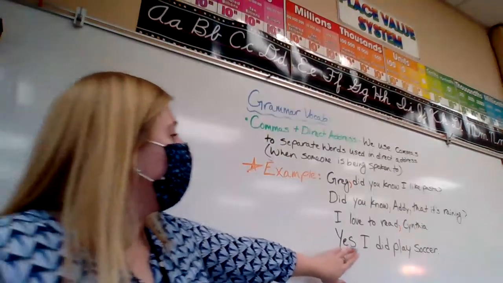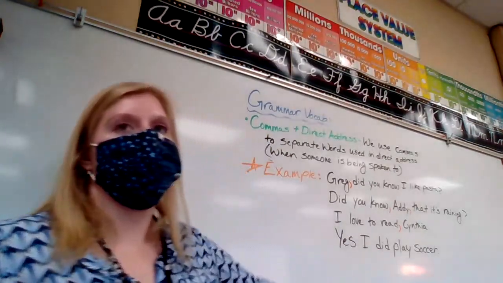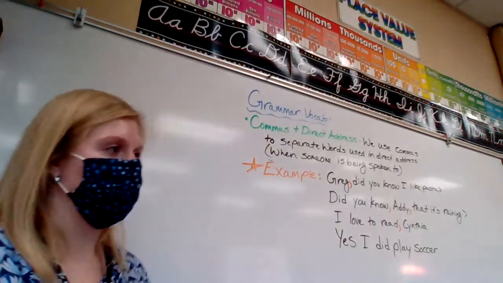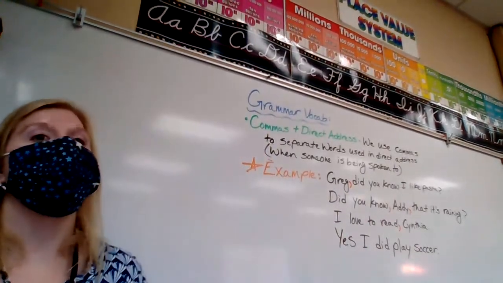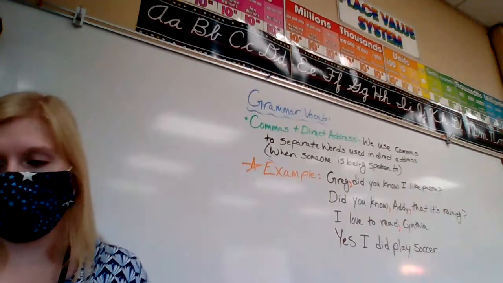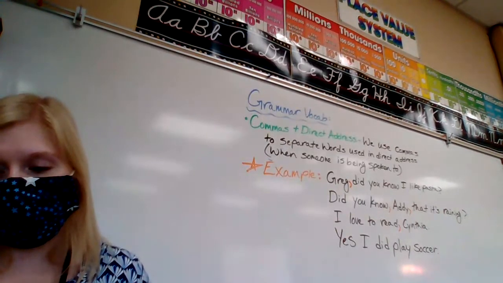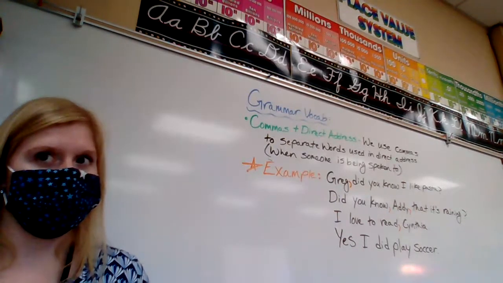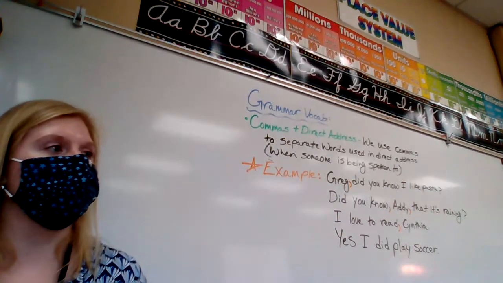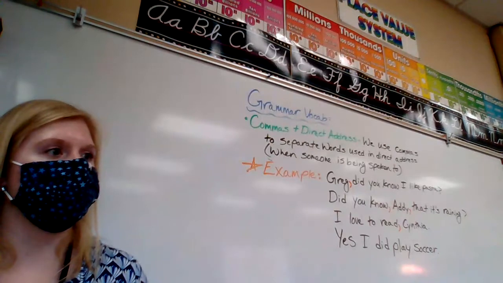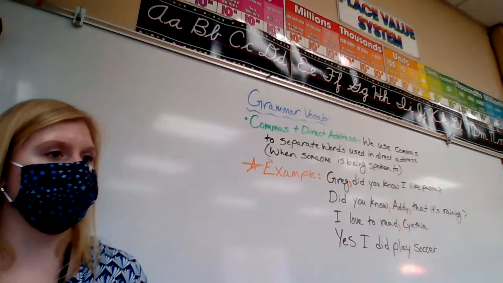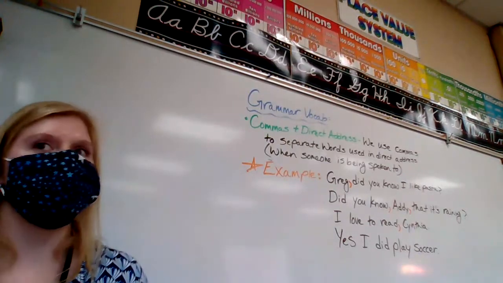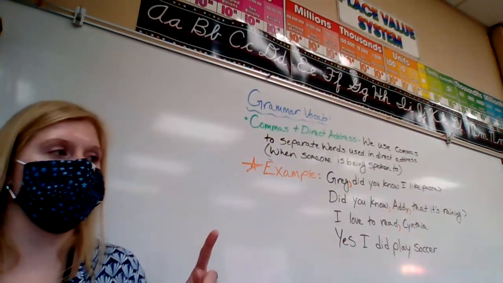All right, now we have a different example for number 4. Do we have a name in number 4? No, but we have a word. Does anyone think they know what the word is? Raise your hand if you think you know what word we're going to have to separate with commas. What word do you think, Philip? I or soccer. It's not I and it's not soccer. You were close with one of them.